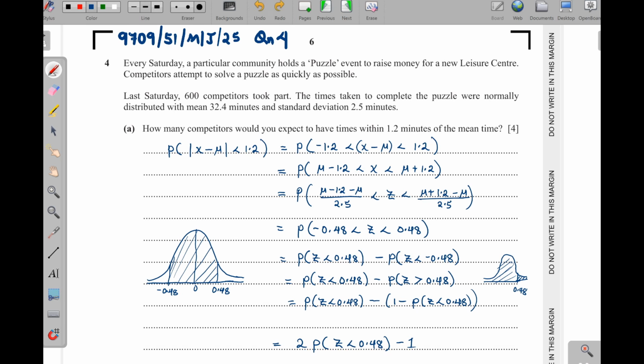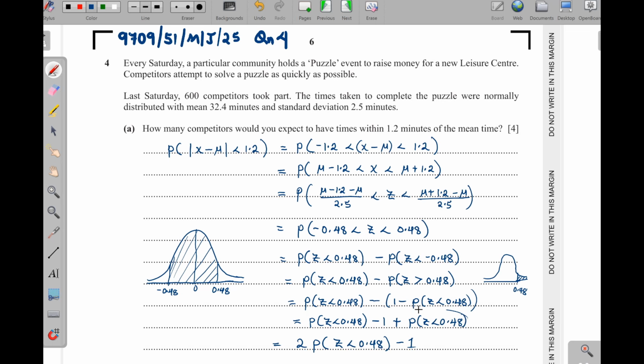You get that? And in the normal distribution table they give you for the less than. Now, when I open brackets here, that means we are going to have probability of z less than 0.48 minus 1, then plus probability of z less than 0.48.